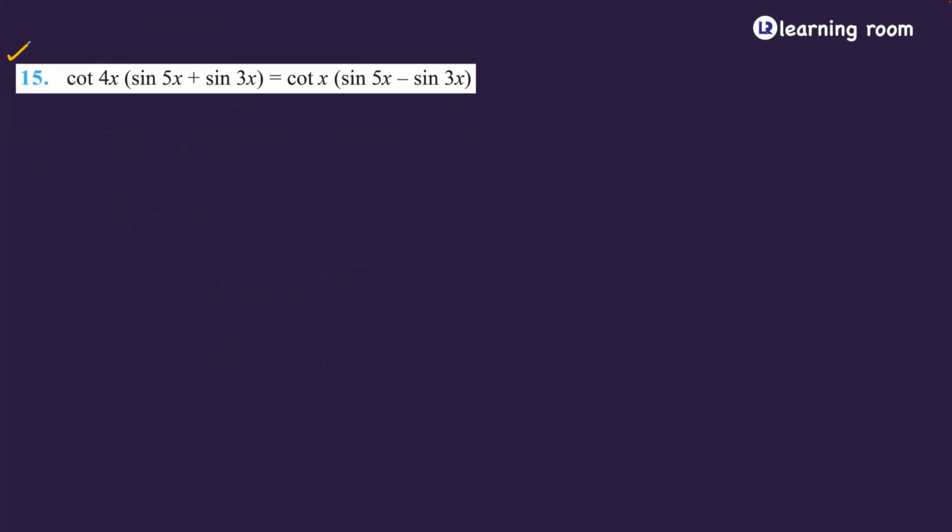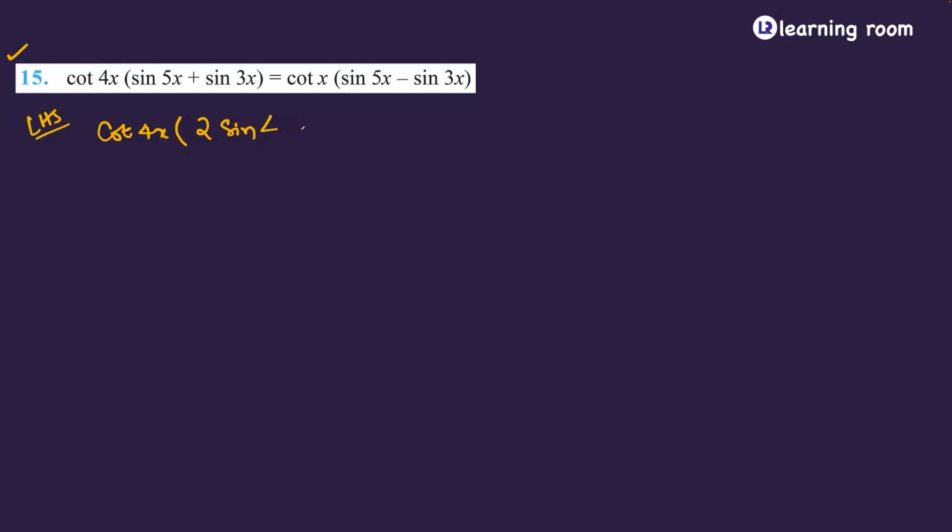Listen. So prove that cot 4x into sin 5x plus sin 3x is equal to cot x into sin 5x minus sin 3x. Okay. So if I take the LHS here, cot 4x into sin 5x plus sin 3x is going to be 2 times sin of (a plus b) by 2. 5 plus 3 is 8, 8 by 2 is 4.